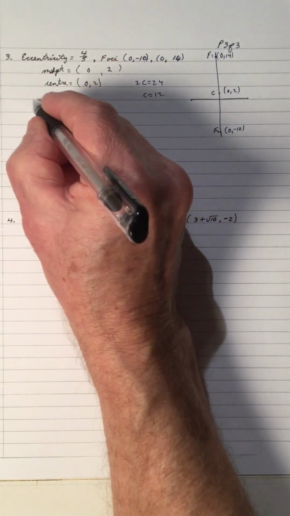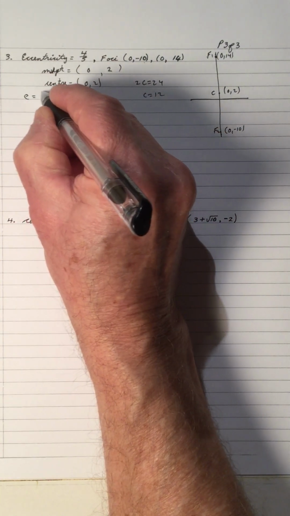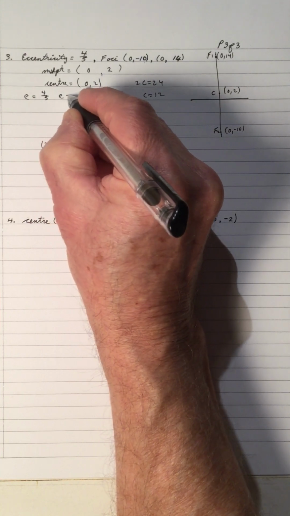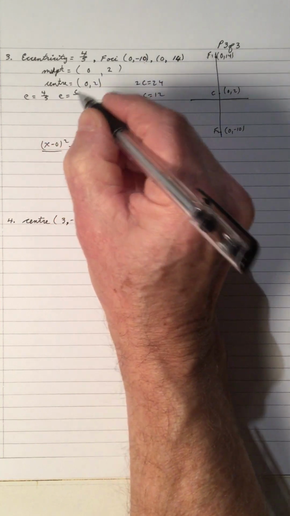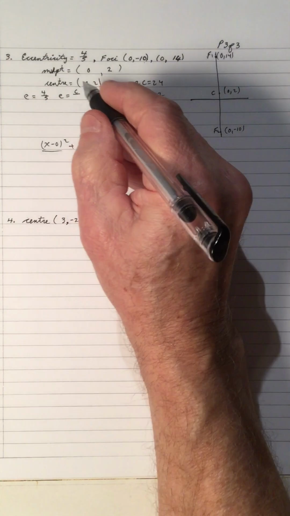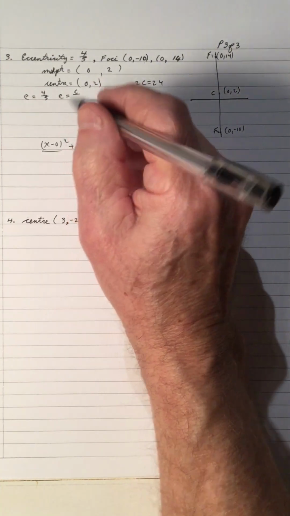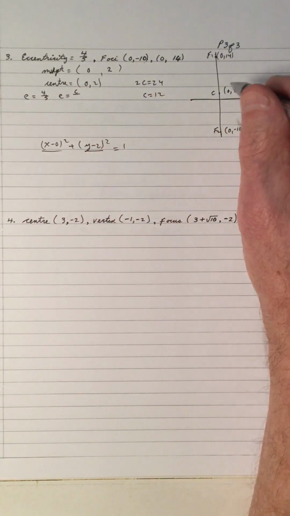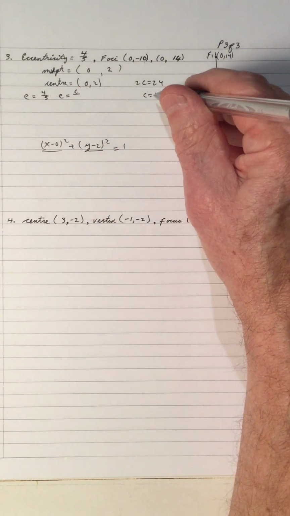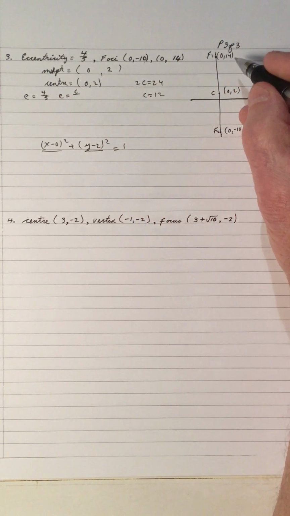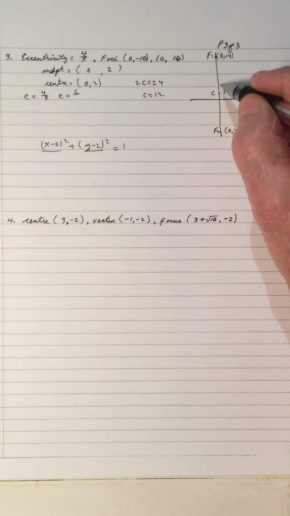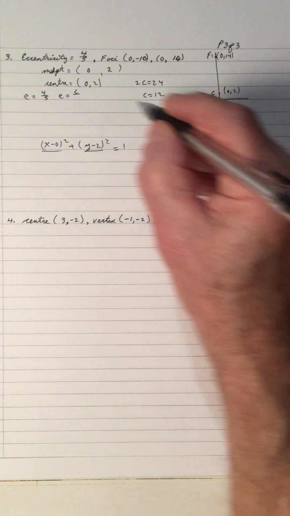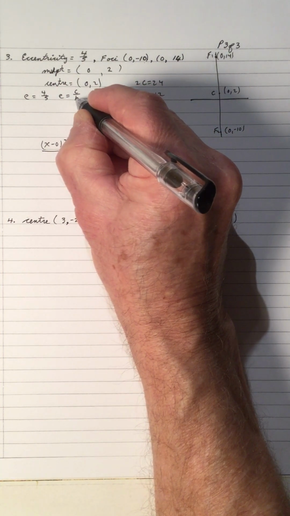But the eccentricity is 4/5, and the eccentricity is c over a or c over b. And c is the foci distance, which is 12. The foci lie on the major axis, which is the y, so that's c over b.